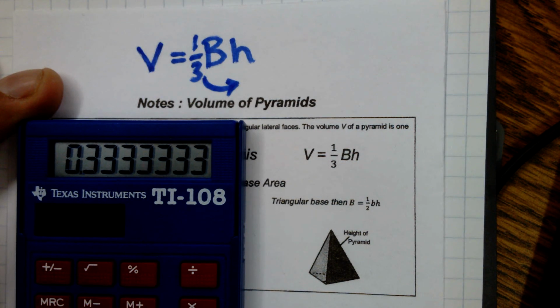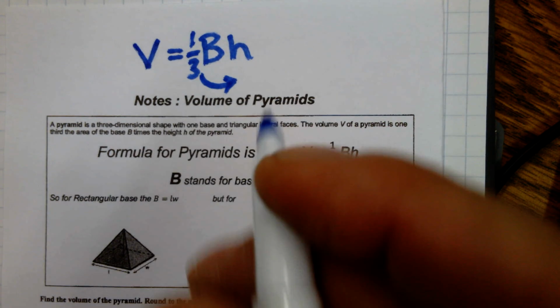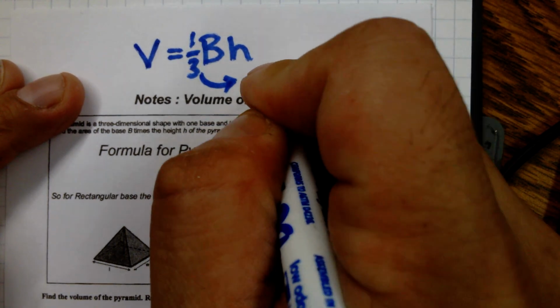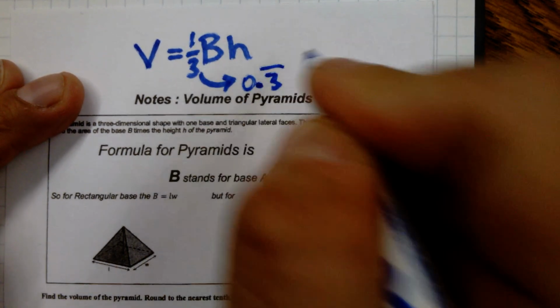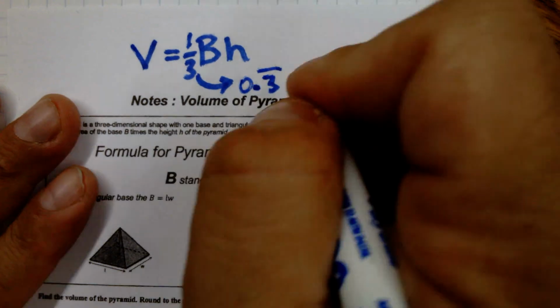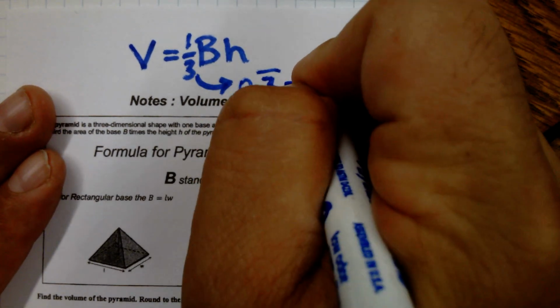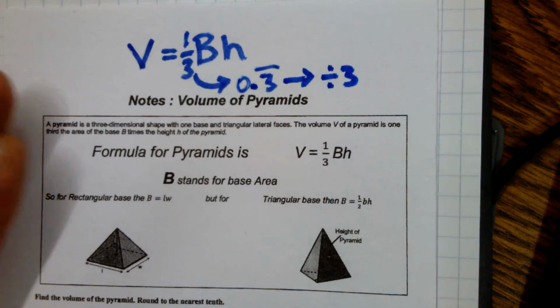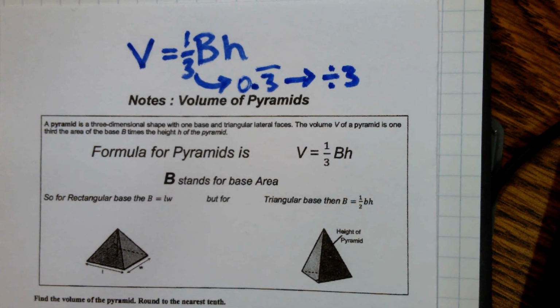It's a repeating decimal, 0.3 repeating, and it's not so easy to write that. So another equivalent is dividing by 3. And that's what we're going to be doing on our calculator. Instead of multiplying by 1/3, we're going to divide by 3. Okay?